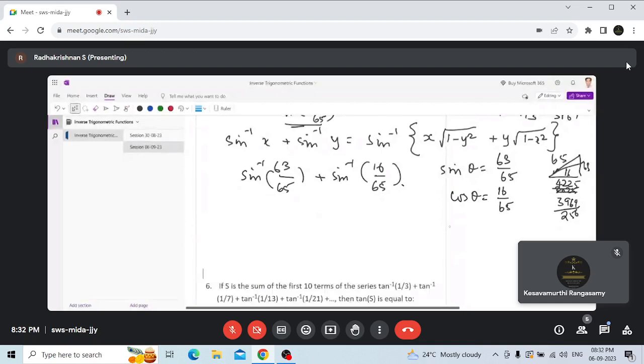Similarly, you take sine phi equal to 16 by 65. This one, the second term I am taking. So cos phi will be 63 by 65.